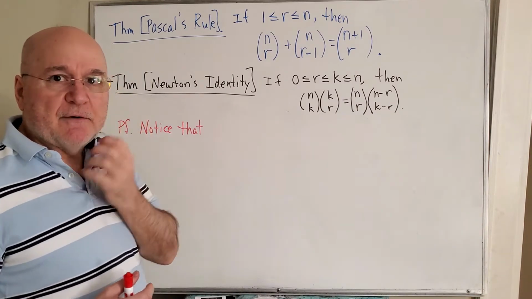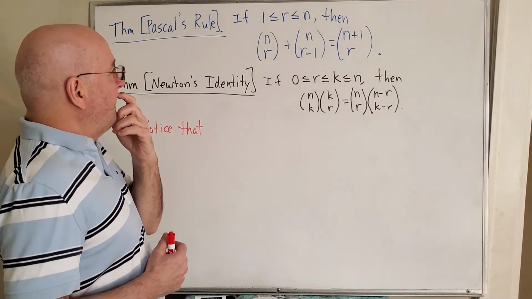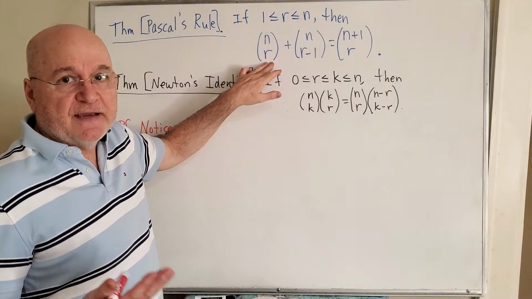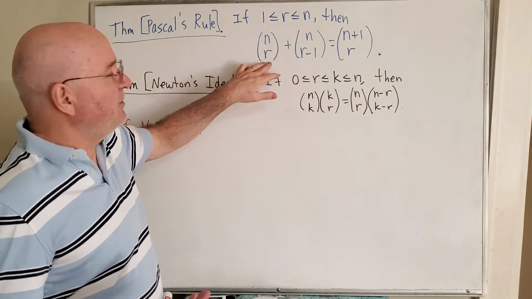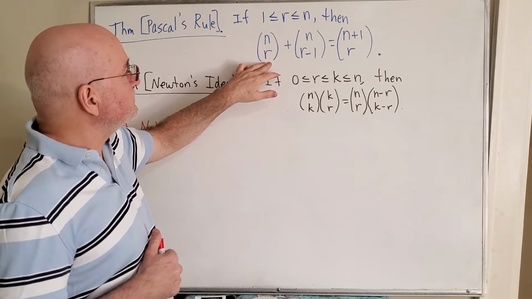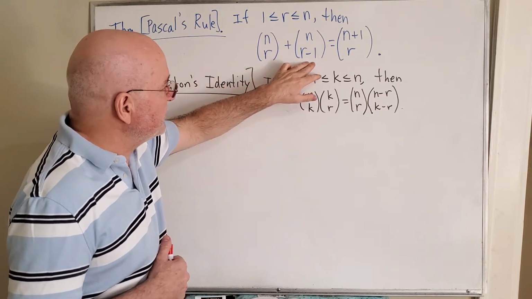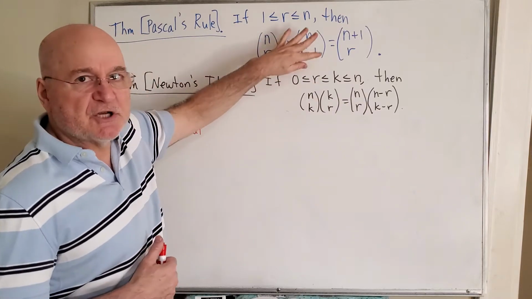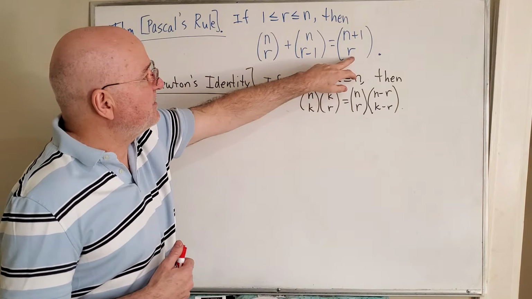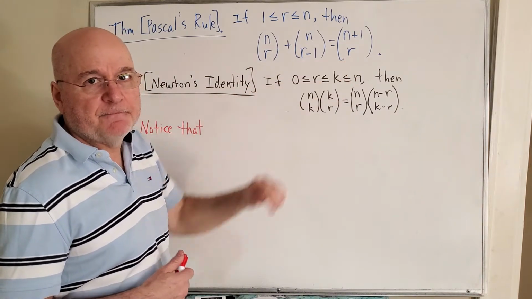I'll leave that one for you to do in the homework. Basically, you'll just write this down using the definition, factorials, n factorial over n minus r factorial, plus, and do the same with this, massage them a little bit using algebra, arithmetic, until you end up with this on the right-hand side.